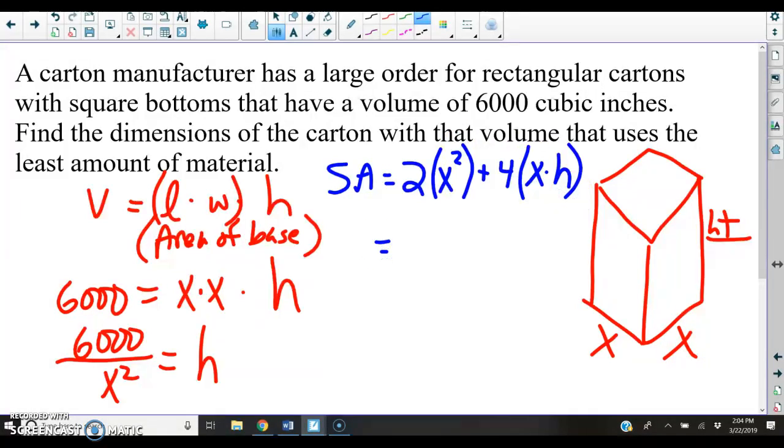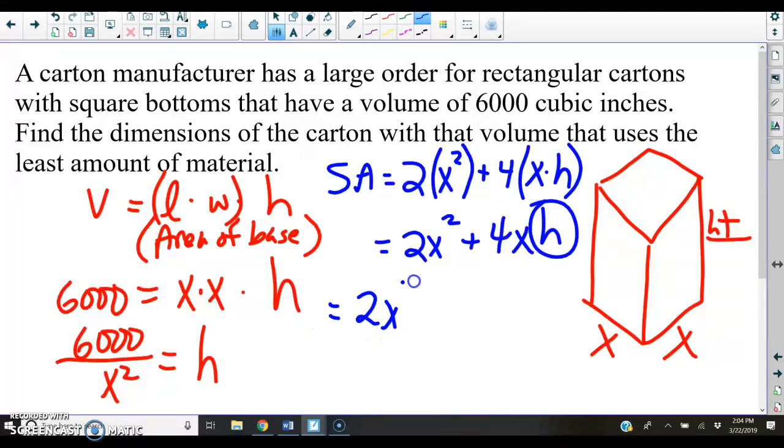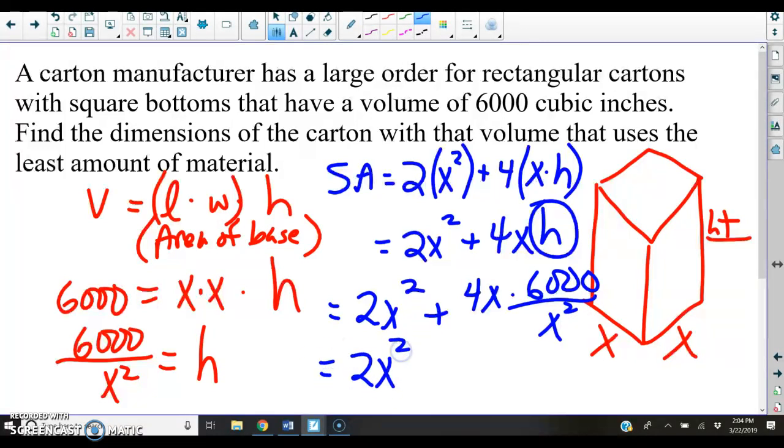So we got 2x squared plus 4xh, but h is 6,000 divided by x squared. So we have 2x squared plus, wouldn't that be 24,000 over x? And we want the least amount of material, so we want a minimum.